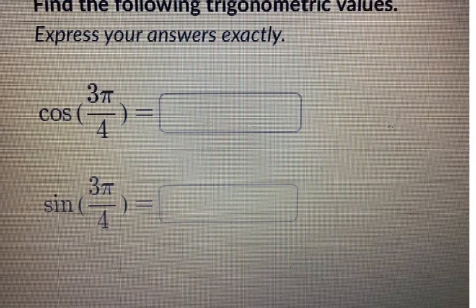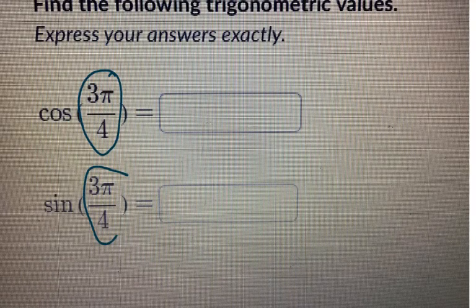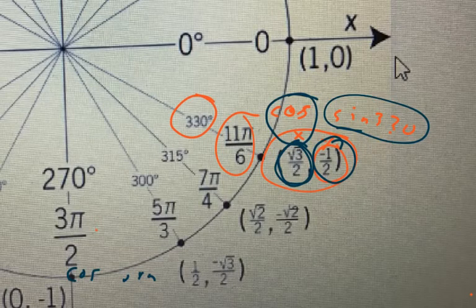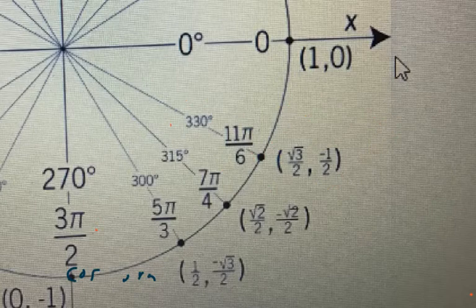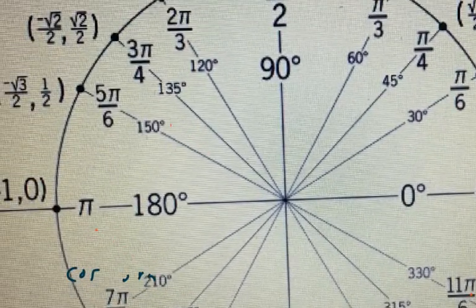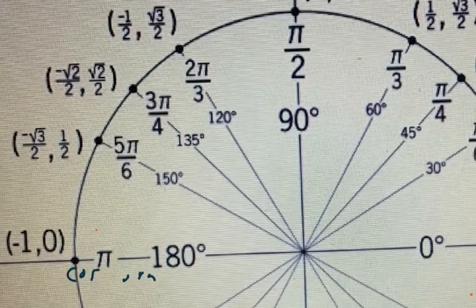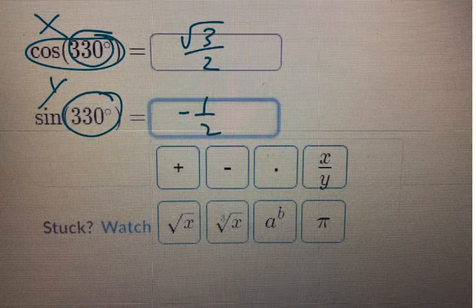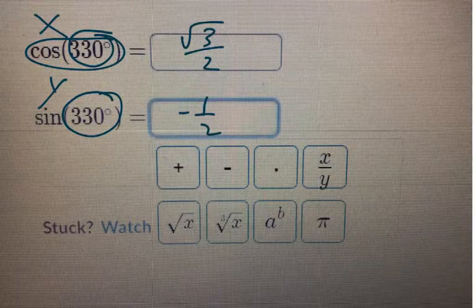All right, one more and we'll call it quits. They're asking for 3 pi over 4. Okay, so we're going to look for 3 pi over 4. Let's go to our unit circle, which your teacher will give you. Okay, we're looking for 3 pi over 4, correct? Let me just verify that one more time. 3 pi over 4.